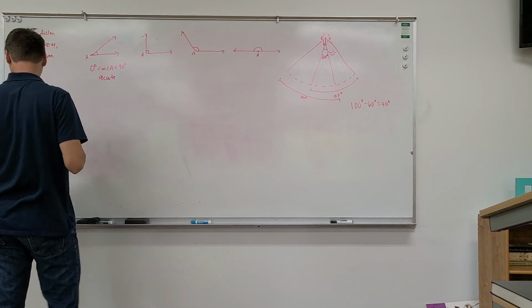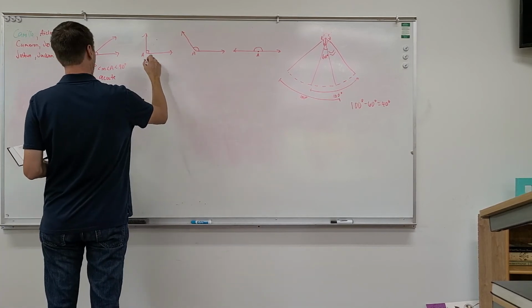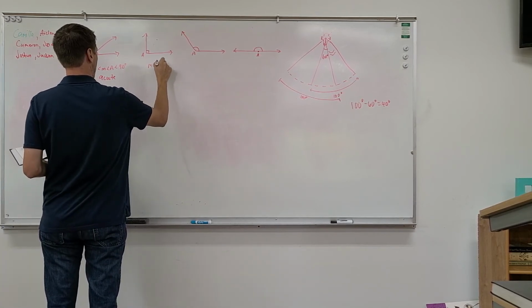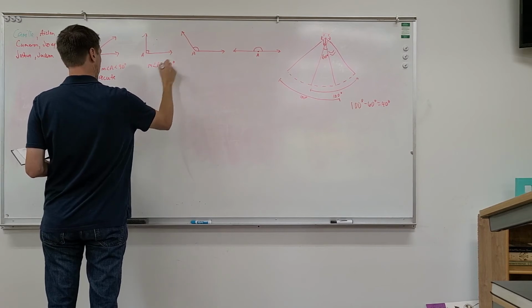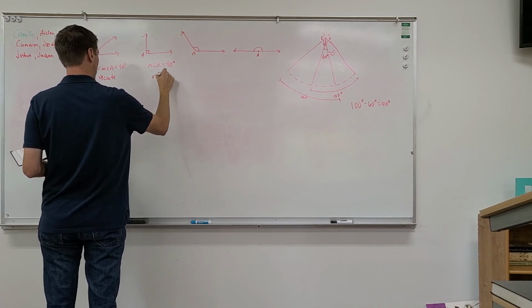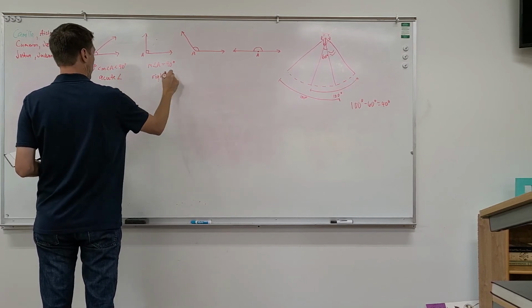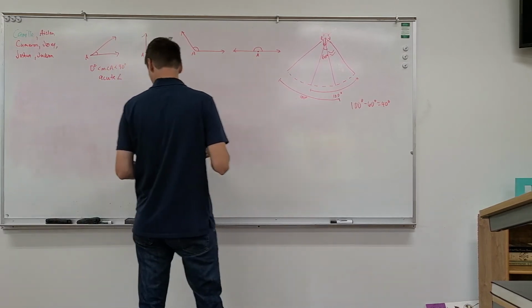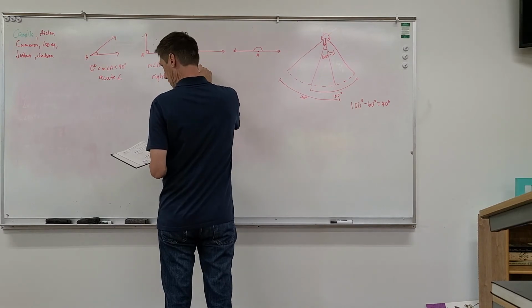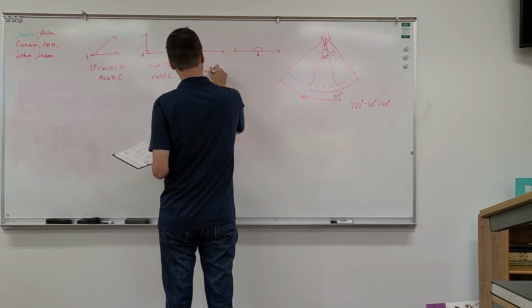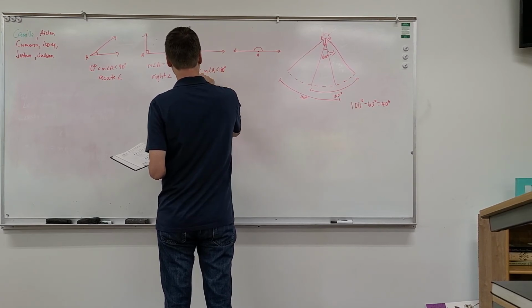All right. And then this one here, the measure of angle A equals 90 degrees, so that we know is a right angle. We'll put a little box after each of these so we remember that it's a right angle. This is 90 degrees. This measurement is in between 90 degrees and 180 degrees. So that's called an obtuse one.